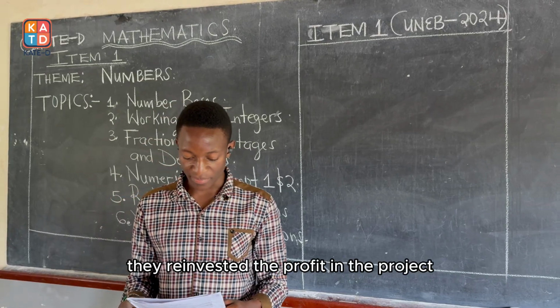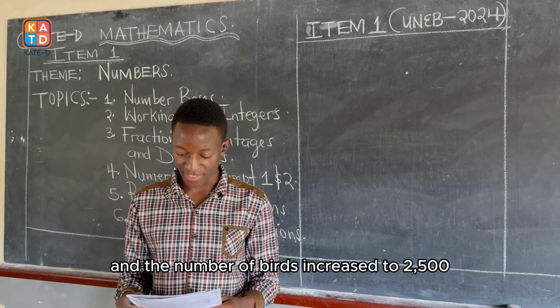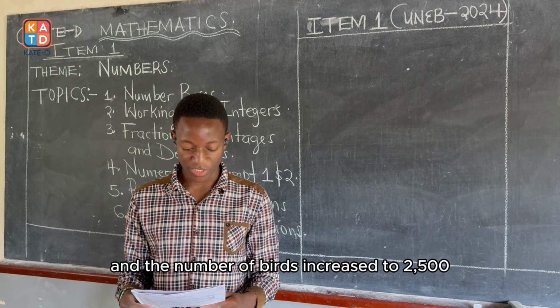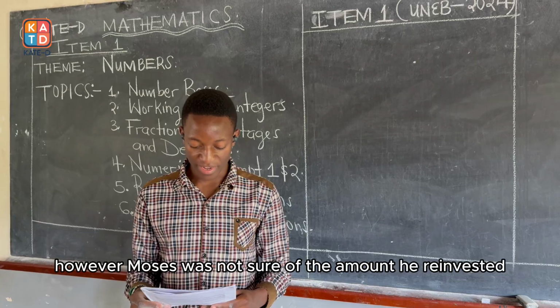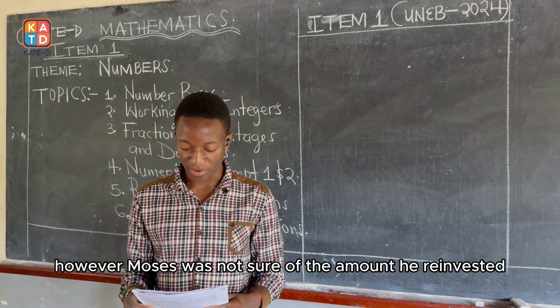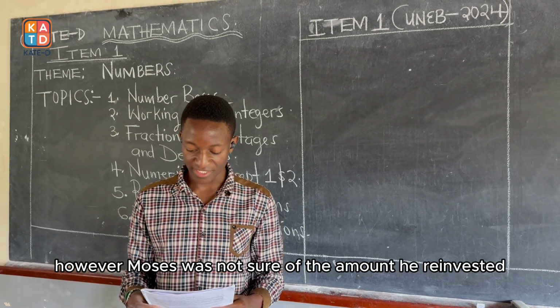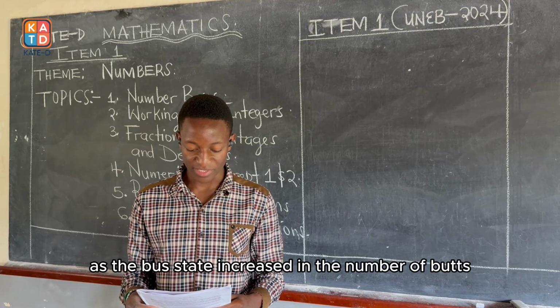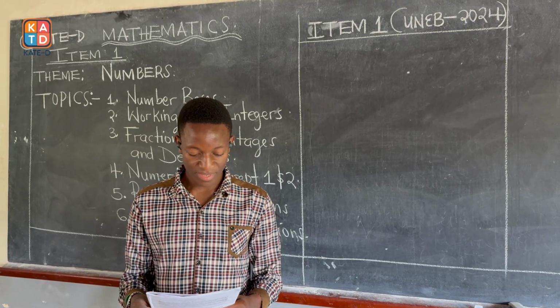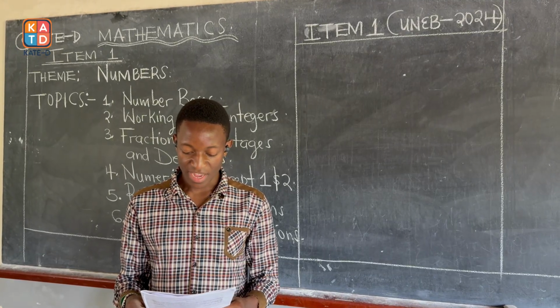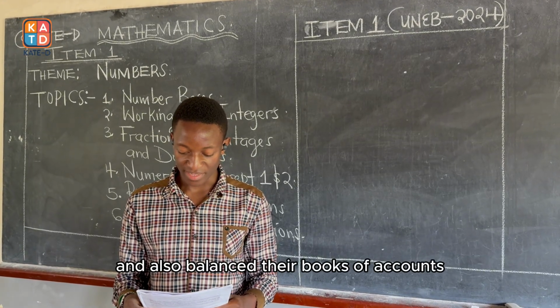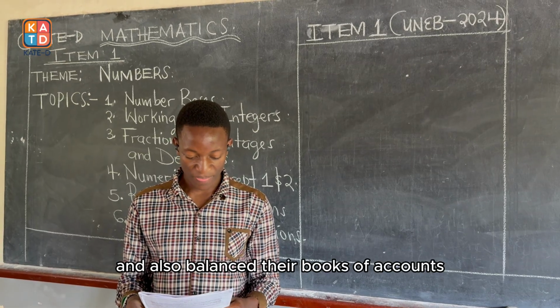They reinvested the profit in the project, and the number of birds increased to 2,500. However, Moses was not sure of the amount he reinvested as well as the percentage increase in the number of birds. On 1st March 2024, they bought feeds and also balanced their books of accounts.